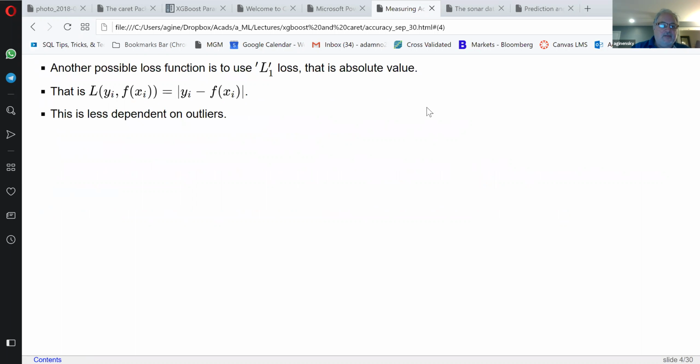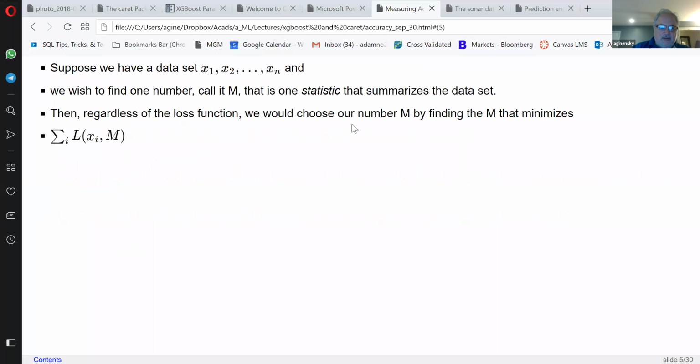That is, we take the difference between our value and our prediction to be the absolute value of the difference. Now, the advantage of this is it's less dependent on outliers. And I think this is kind of a cute point, so I wanted to show in what sense this is true. Suppose we have a data set of just n numbers, and we wish to find one number, which I'm going to call m, that is one statistic to summarize the data set.